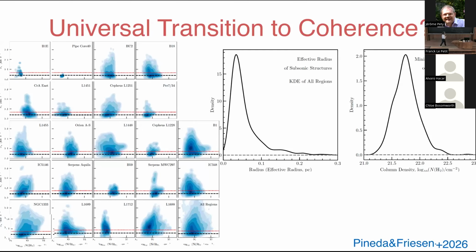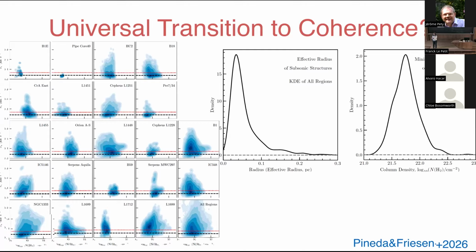We tried to see if there is a universal transition to coherence. What we did is we took all the regions that we mapped. Since we have temperature estimates, we can get an estimate of the Mach number at each point. Here we have a Mach number of 0.5 in black and 1 in red. And we tried to see when we see these subsonic regions.